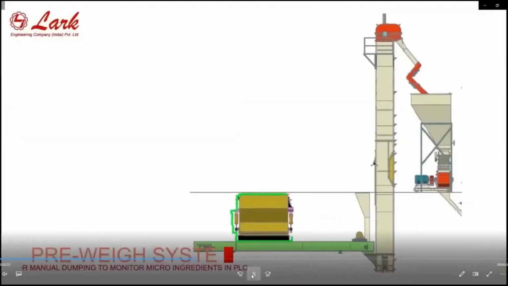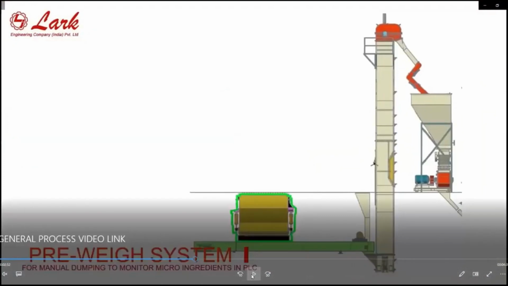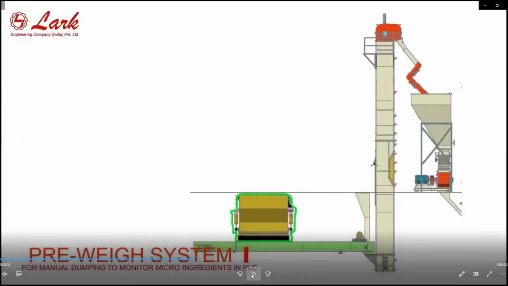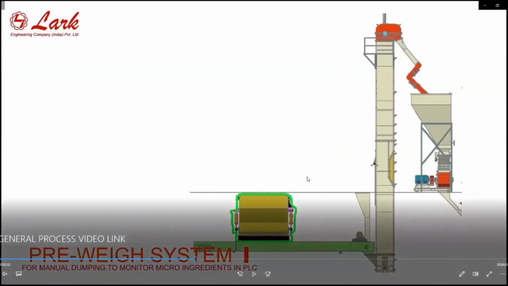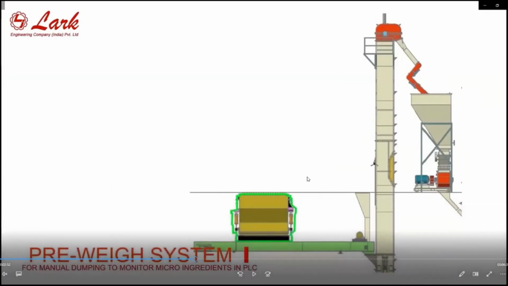And one thing more, even if we install 10 bins, 12 bins, 14 bins, 5 to 7% of material we have to put in manually at the grinder hopper, because there are some grains that do not have good flowability properties, or are very small in quantity, for example 40 kg, 30 kg.